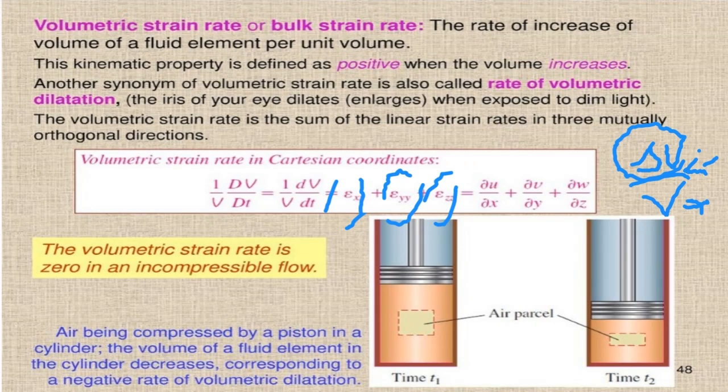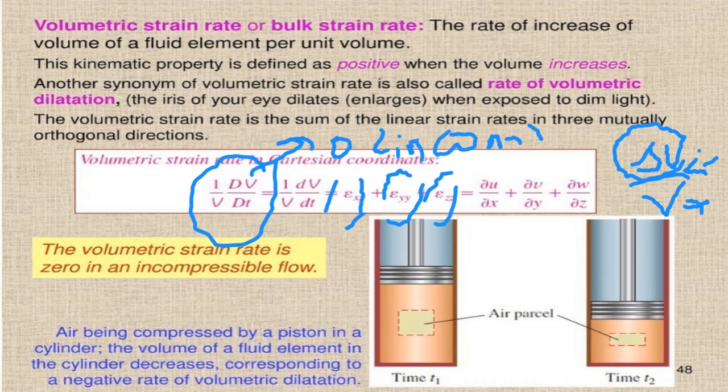Zero. So if it's an incompressible substance, then this is going to be zero. So it means that the summation of epsilon xx, epsilon yy, and epsilon zz is zero if it's an incompressible substance. Otherwise, it doesn't have to be zero.